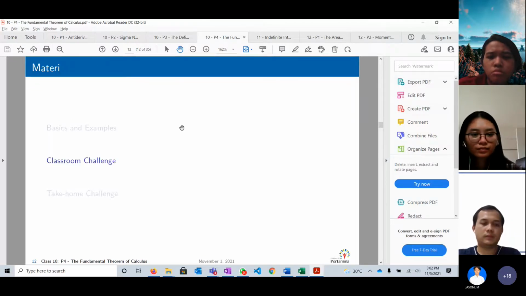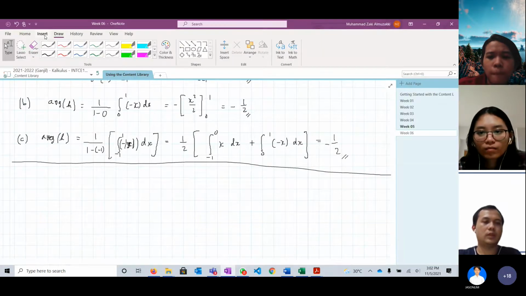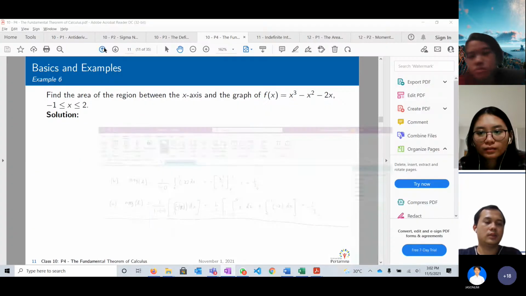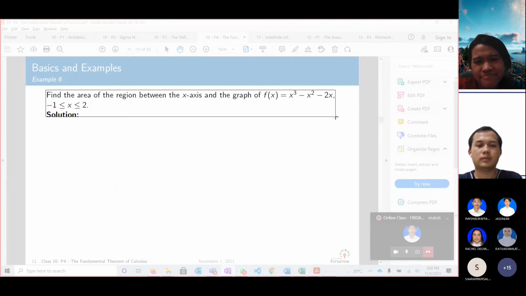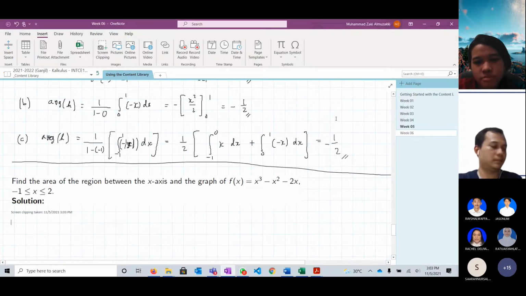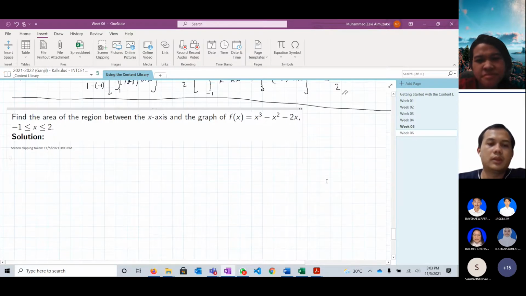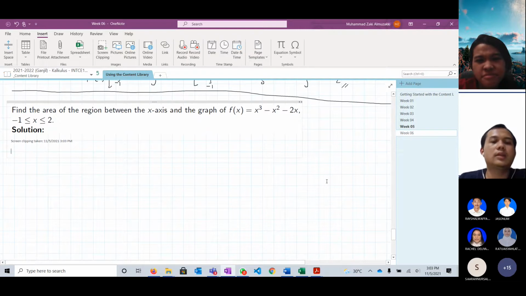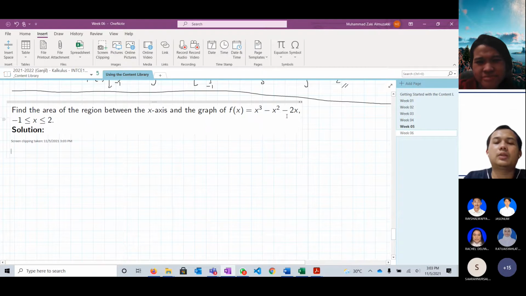This is for this one. Let's just do it together. Here we are asked to find the area between the x-axis and the function f of x equals x to the power 3 minus x squared minus 2x.